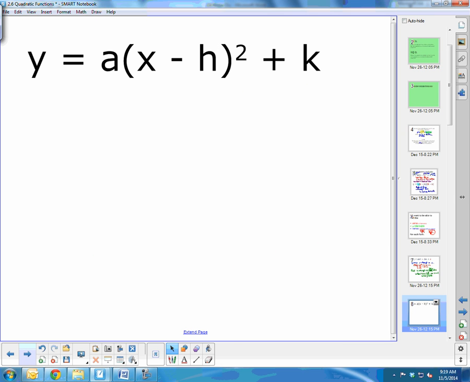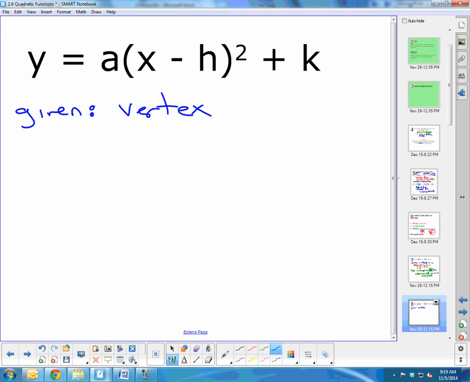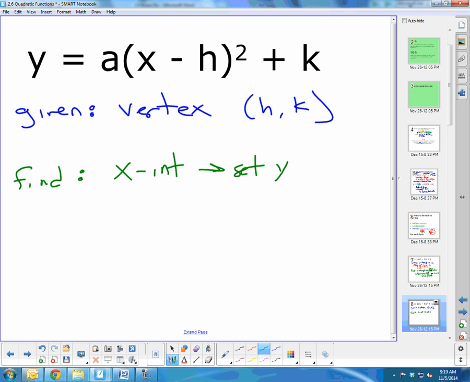In vertex form, our given, the thing that we get for free without having to do any calculations, is the vertex. Shocking that in the vertex form we get the vertex for free. And the vertex is at the point h comma k. What are we going to have to find ourselves? Well, we're going to have to find the x-intercept, which is pretty standard. Set y equal to 0 and solve.